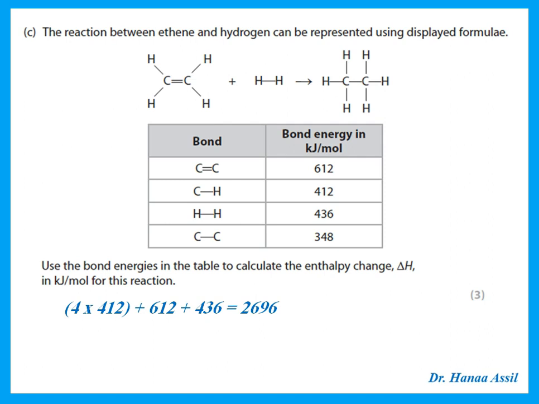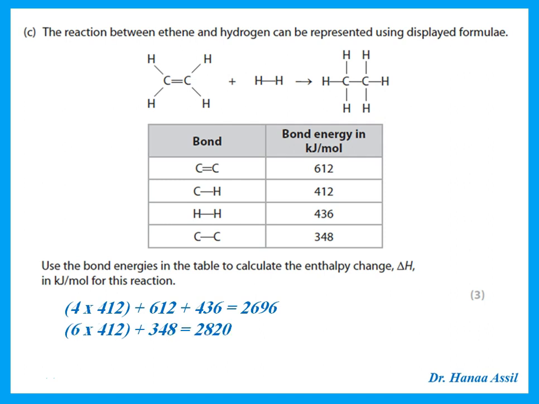So before the arrow, I have 4 C-H bonds. Each of them needs 412, plus I have one C double bond C that needs 612, and I have one H-H that needs 436. So this is the total amount of energy needed to break the bonds in reactants.